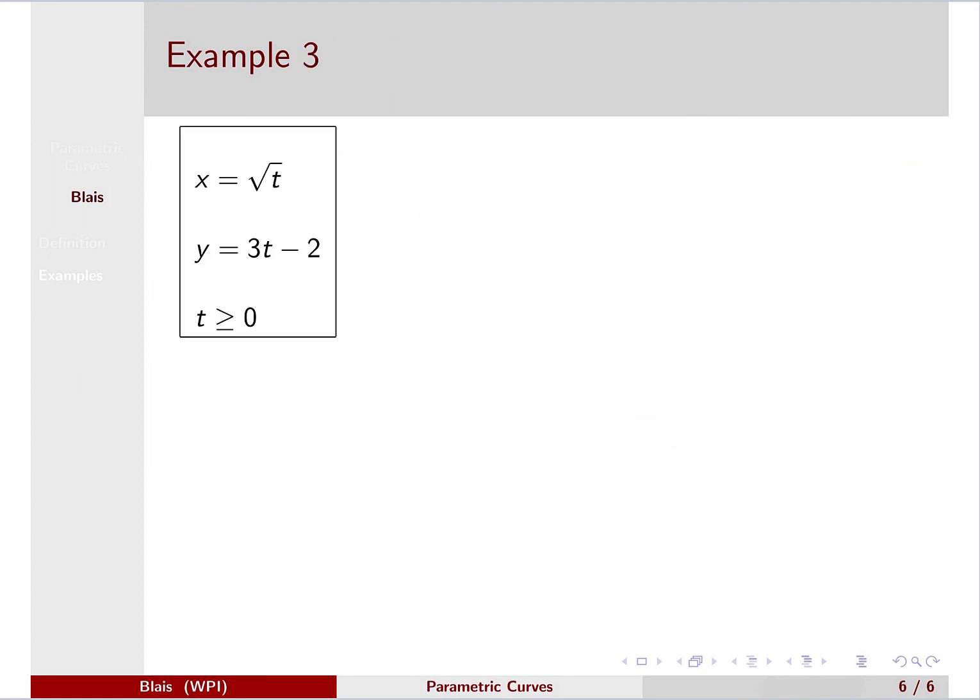One final example is as follows. X equals root t, y equals 3t minus 2, and we work for t greater than or equal to 0. And the idea here is we note that if we work with the first equation, we can solve for t. So let's take that equation and square both sides.